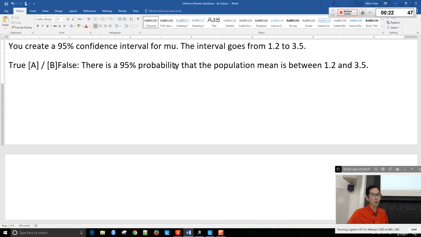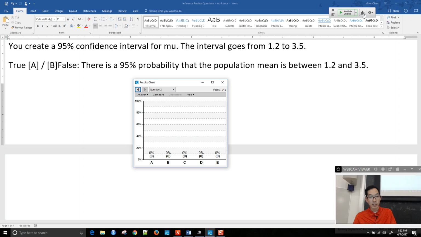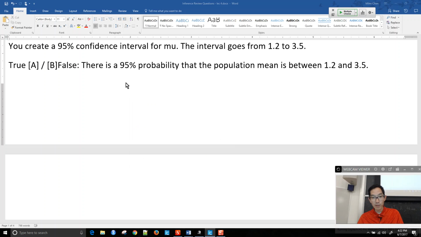Pick true or false here. You can consult with your neighbor. Okay, we'll click stop here. B is the correct answer. False.